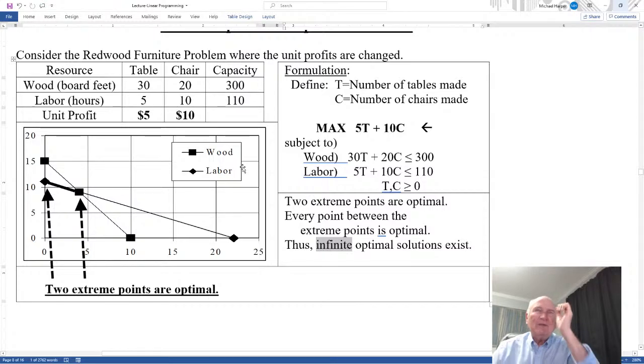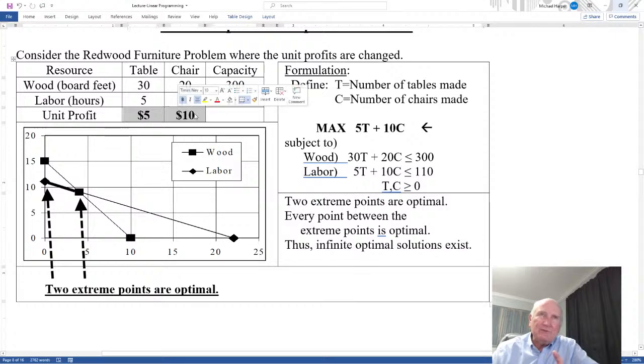Anyway, the thing about multiple solutions is that sometimes you want to design. Here I'm changing my profit. Maybe you want to design the efficiency and the design of your operations such that you have multiple solutions.